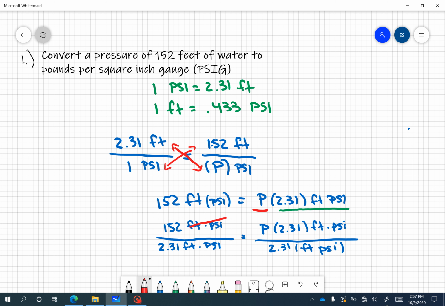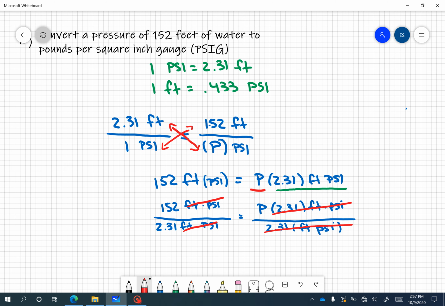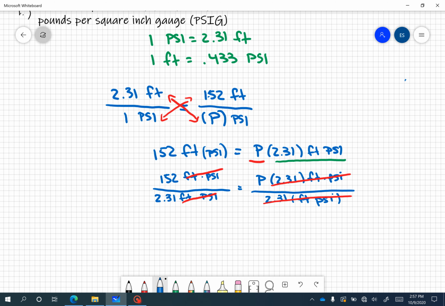So like units of measure cancel out, these like values cancel out, and we are left with 152 divided by 2.31 equals our pressure.